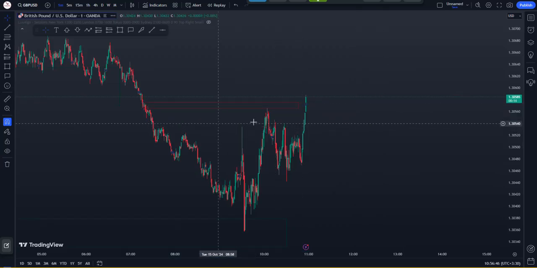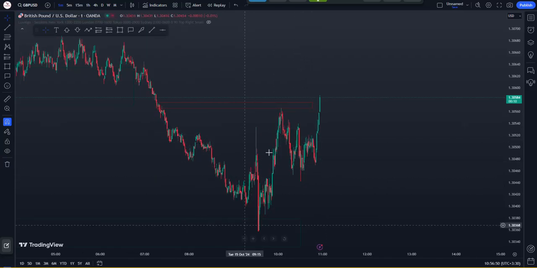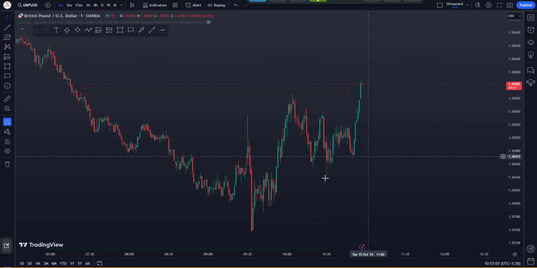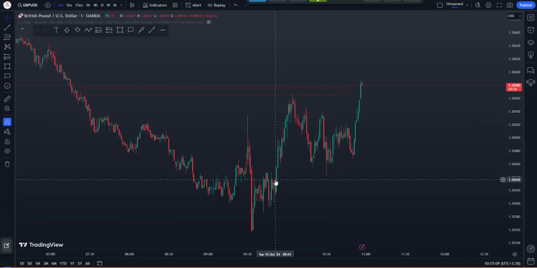So this is going to be engulfed. Back to here, take that one. So this low didn't reach this level. I can't accept this low as a true FO.